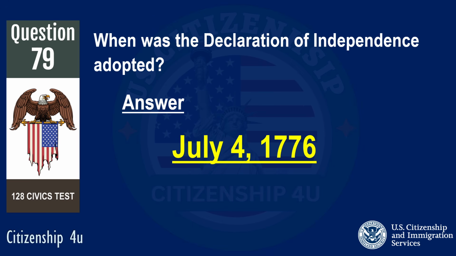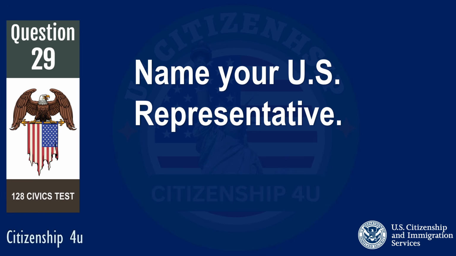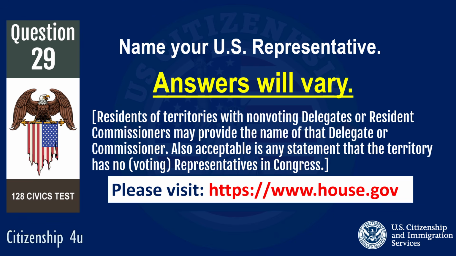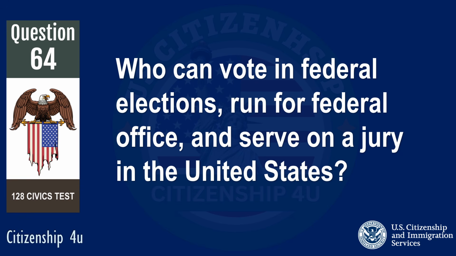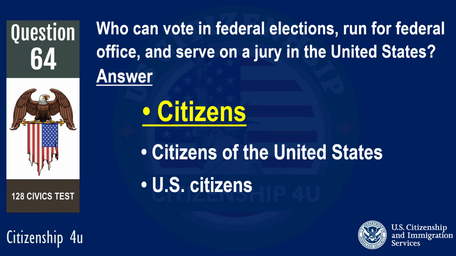July 4th, 1776. Name your U.S. representative. Answers will vary. Please visit. Who can vote in federal elections, run for federal office, and serve on a jury in the United States? Citizens.